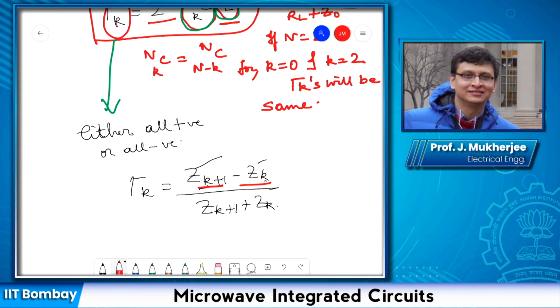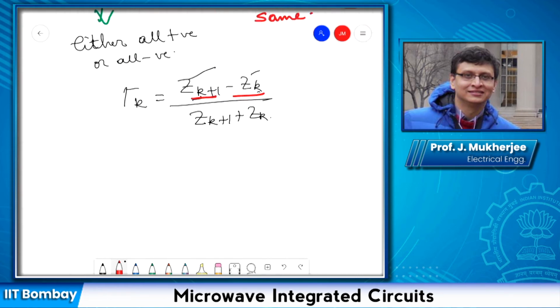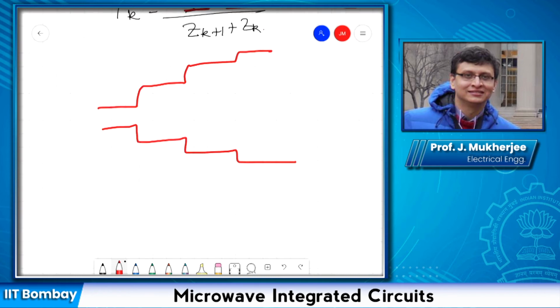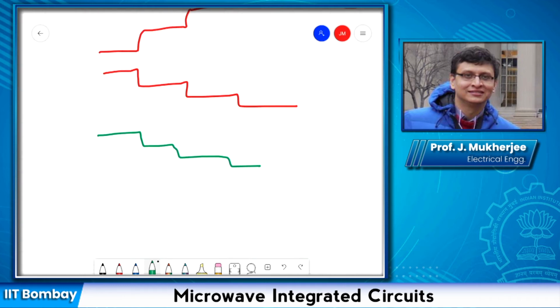So if all subsequent Zk's are lesser than the previous one, then the width of the multi-section transformer will keep on increasing like this. So your transformer will have a shape like this. On the other hand, if every subsequent Zk is greater than the previous one, then the opposite will happen. The width of the subsequent stages will keep on decreasing. You get a shape like this.